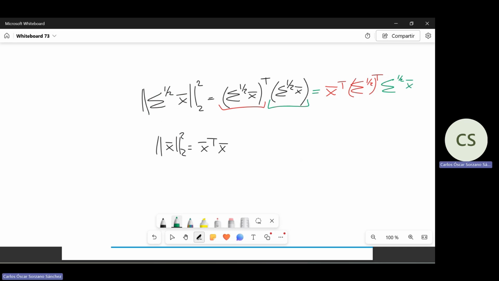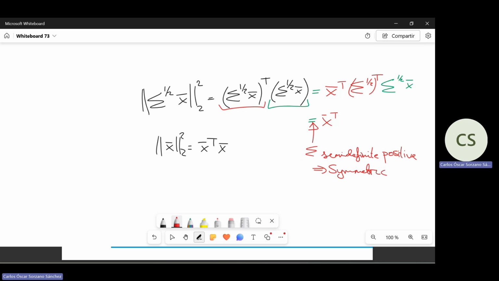So this is kind of clear. This matrix sigma is semi-definite, and this implies that it's symmetric.